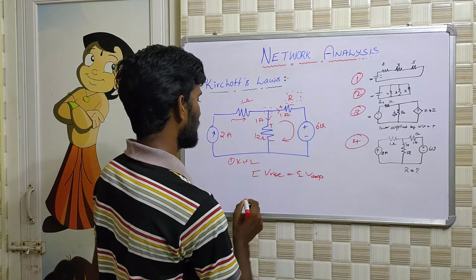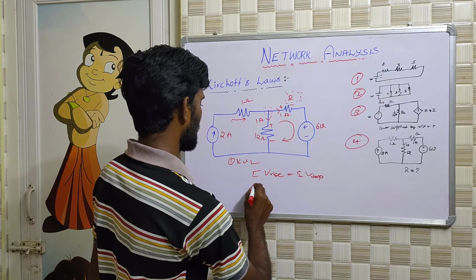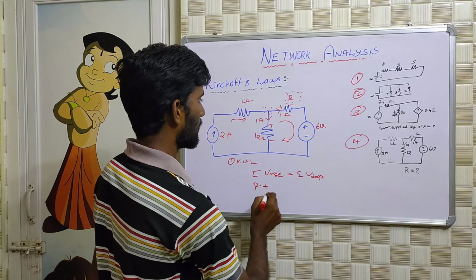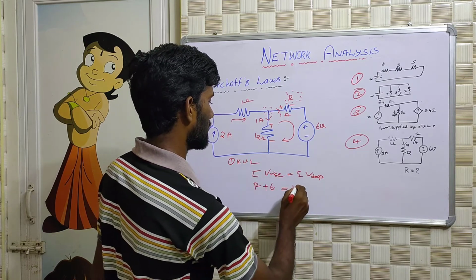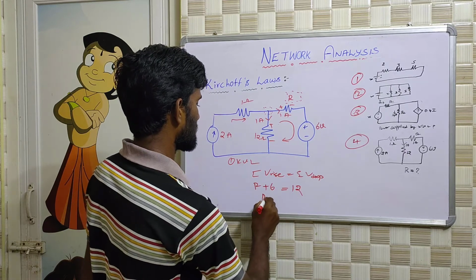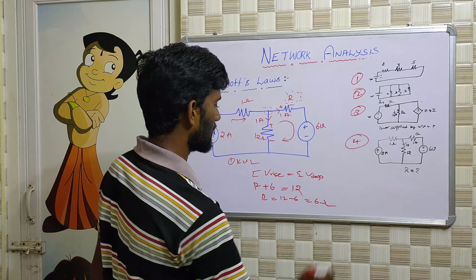So R into 1 plus 6 is equal to 12. So R is equal to 12 minus 6, that is equal to 6 ohms.